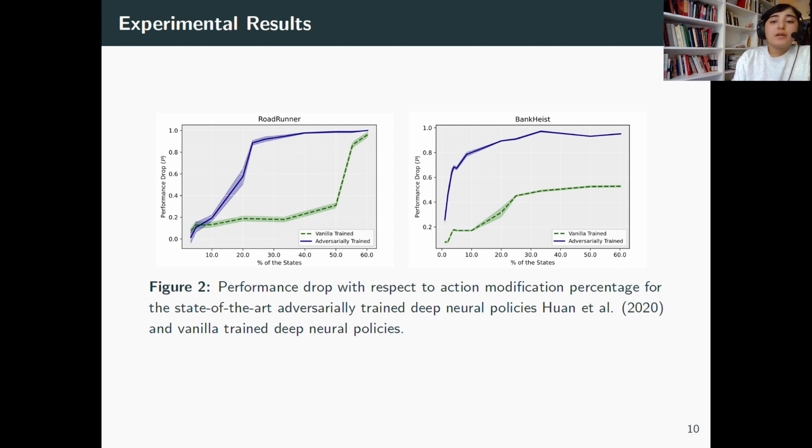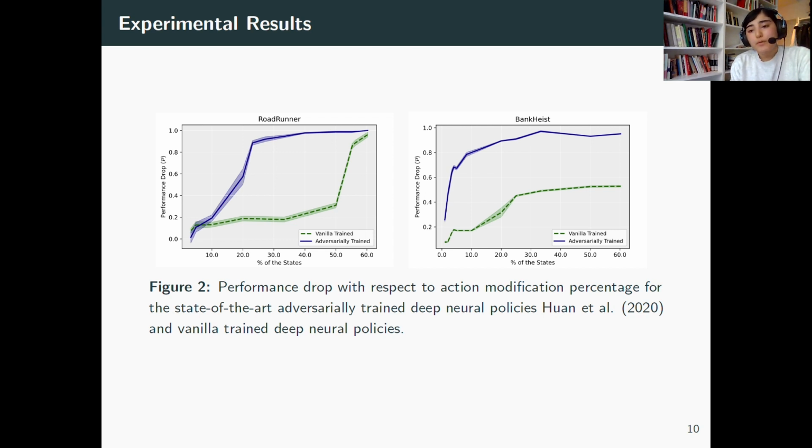So you can see that the vanilla trained deep neural policies are more robust towards these action modifications compared to adversarially trained deep neural policies. However, more importantly, this result shows us that the state-of-the-art adversarially trained deep neural policies do not have an accurate representation for non-optimal actions.